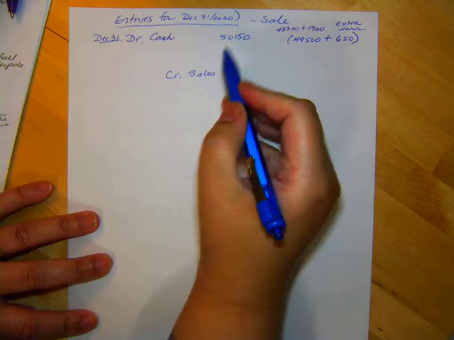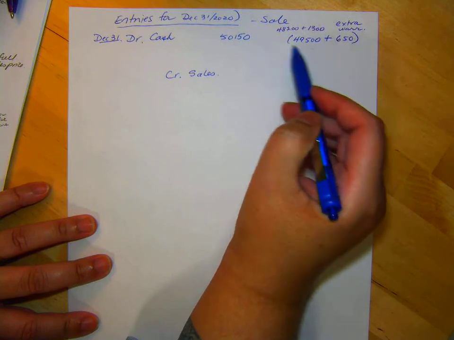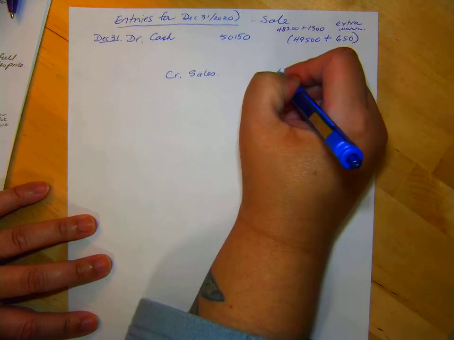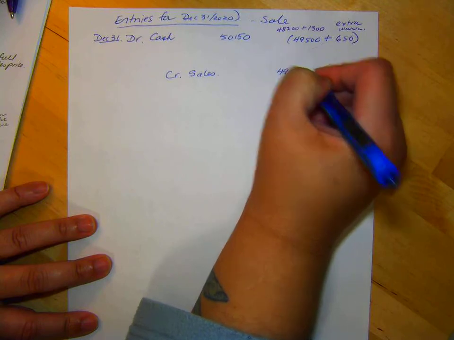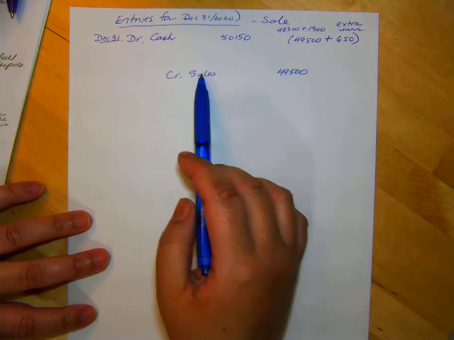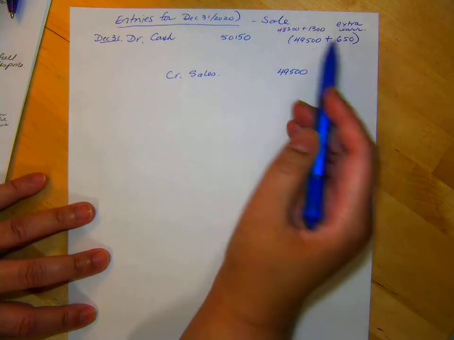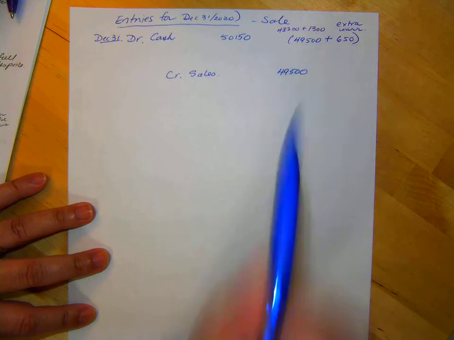Okay, we can record the full sales of both of these together. So we can record $49,500 because we treat the warranty a little differently. Although we say, hey, we have sales, what do we do with warranties?